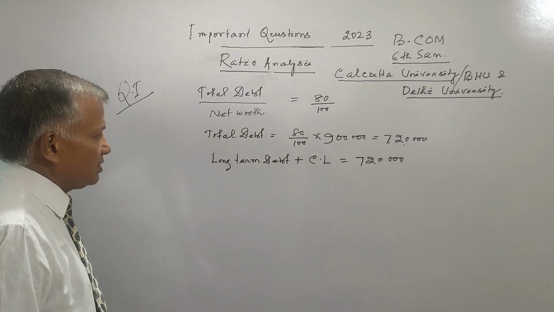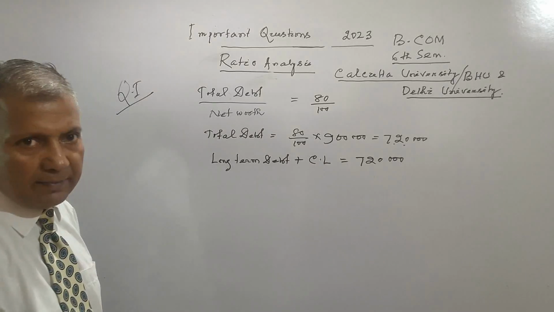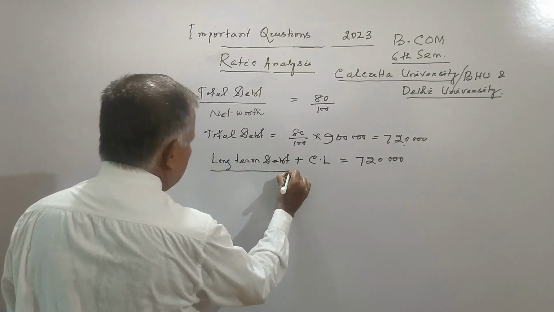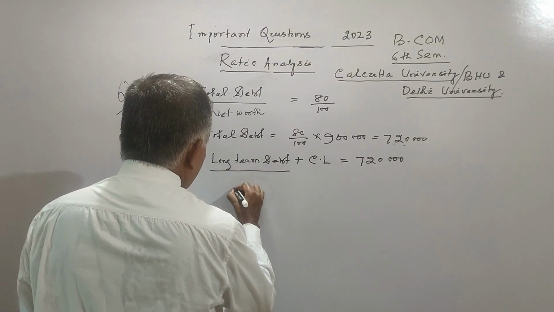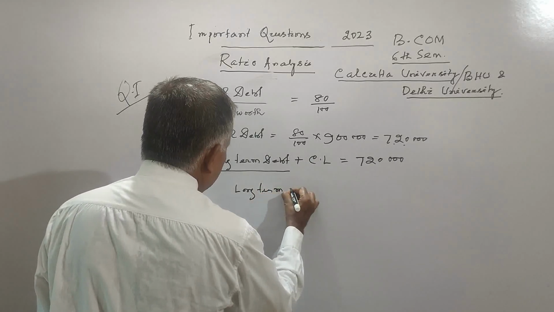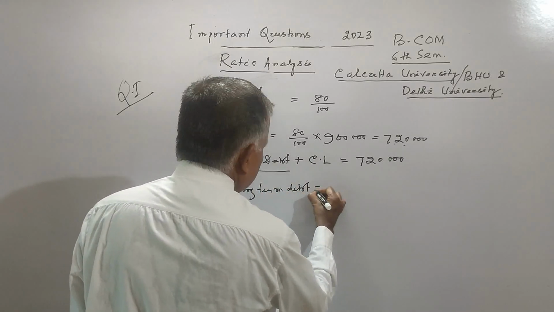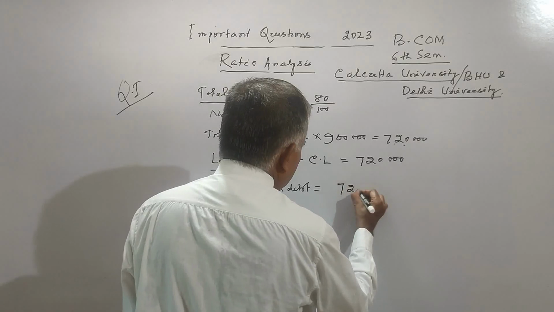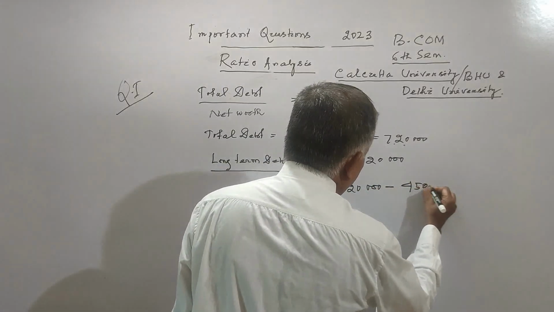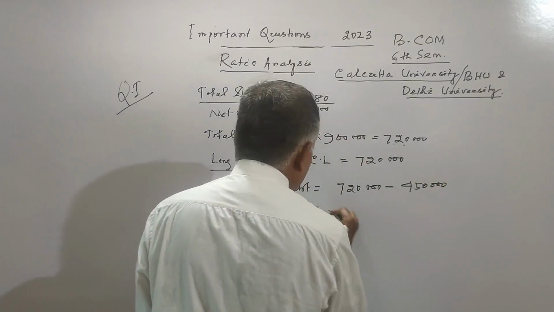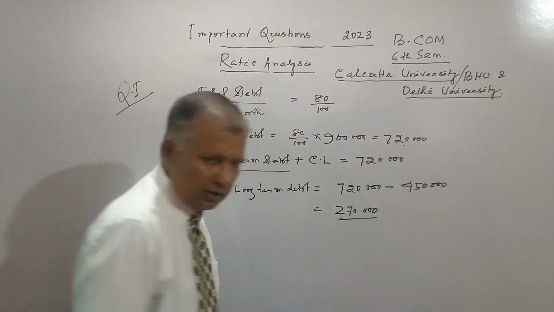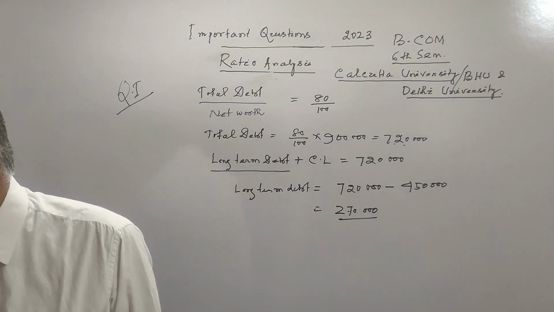Now this long-term debt, we do not know, we have to find it out. Total 7,20,000, current liability 4,50,000, so 2,70,000 is your long-term debt, right?